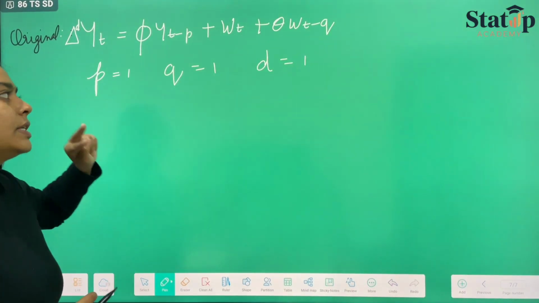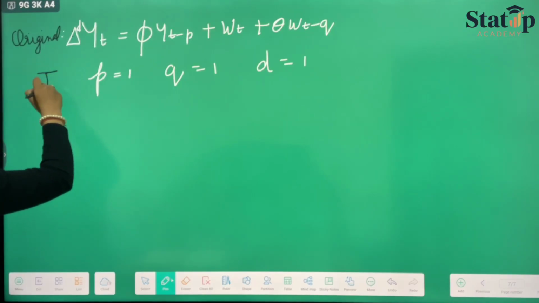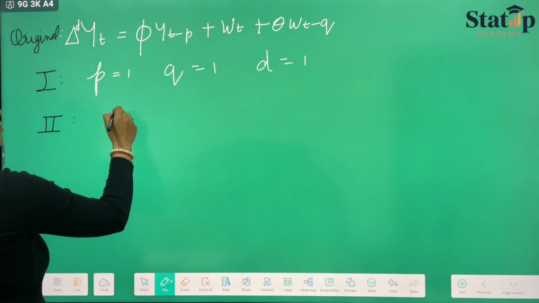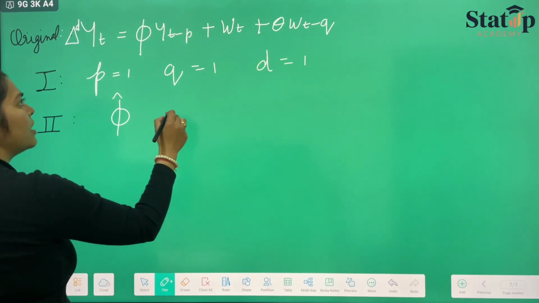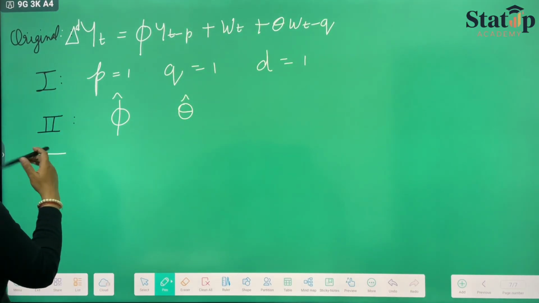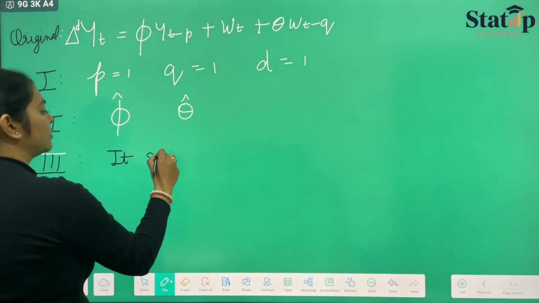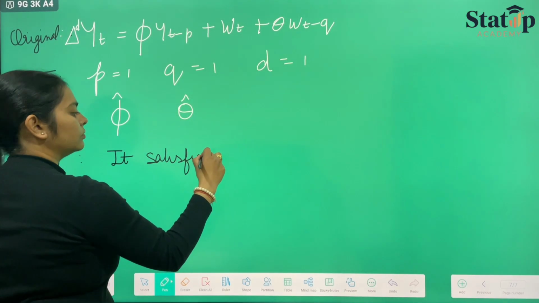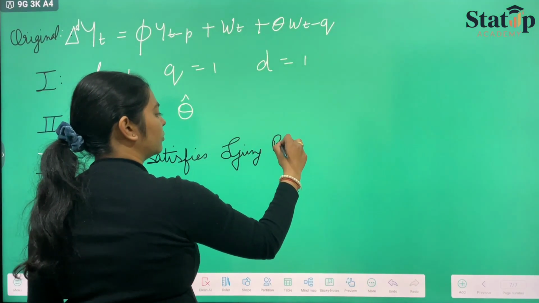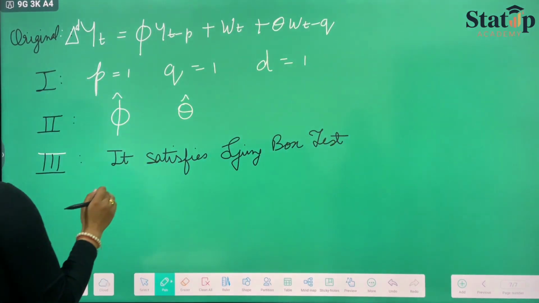The second step is estimation of the parameters, so we have estimated phi cap and theta cap. The third step is checking, and the Ljung-Box test has been satisfied.